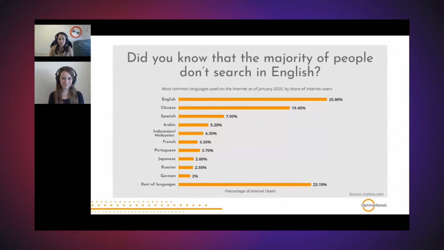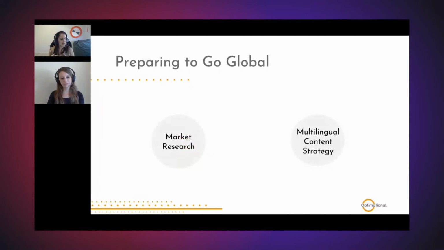Now, the problem we have is that oftentimes there's no real planning, there's no research, which leads to many different challenges that marketers often face. And this is why today we'll focus on two important ingredients that any international growth recipe should bear in mind: the market research and the multilingual content strategy.